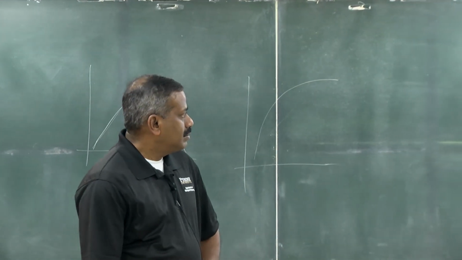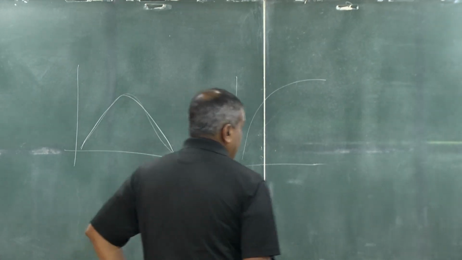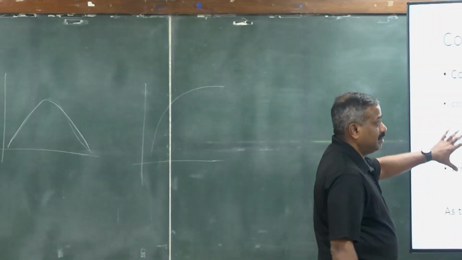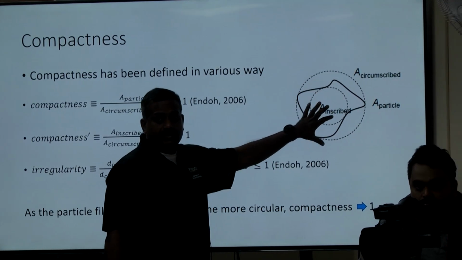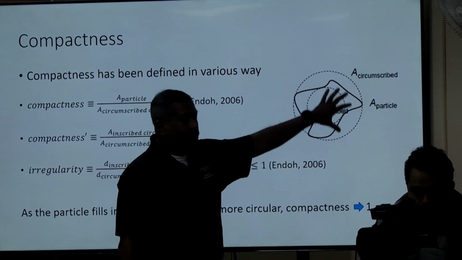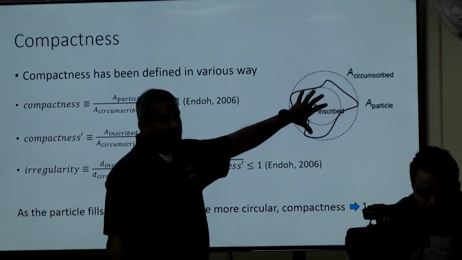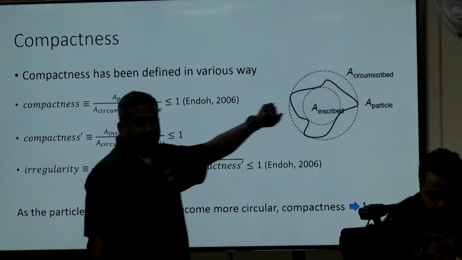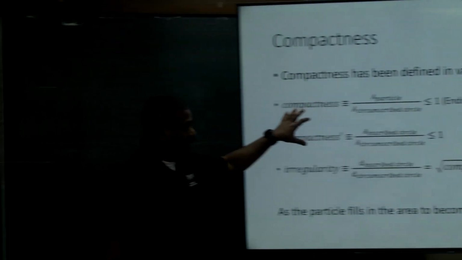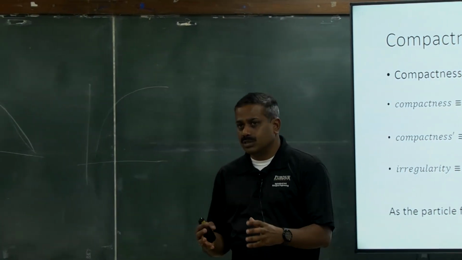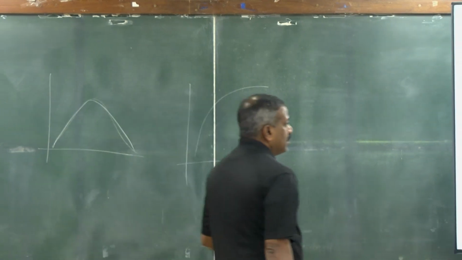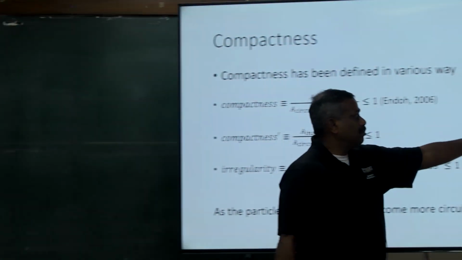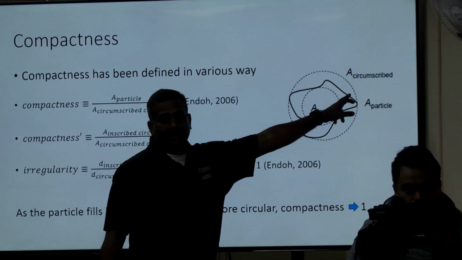I'll move on to compactness. Compactness can be defined in many ways. Very similar, you take a circumscribed circle and its area, and then calculate the area of the particle. Then you calculate the compactness. So compactness means how close it fits to a circle. You can calculate using both the inscribed circle and the circumscribed circle.